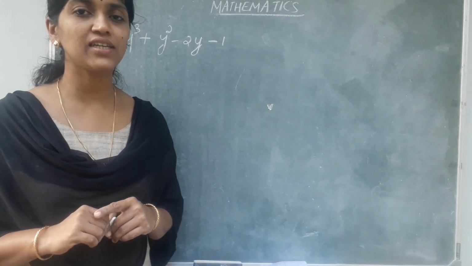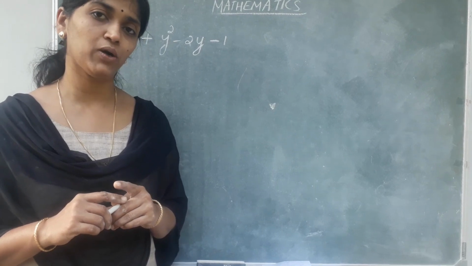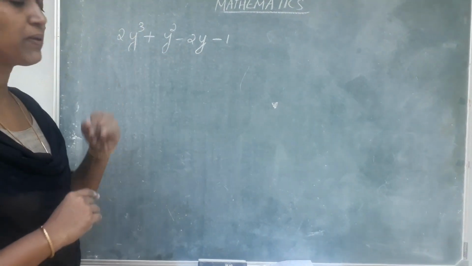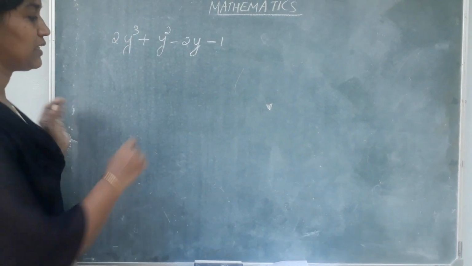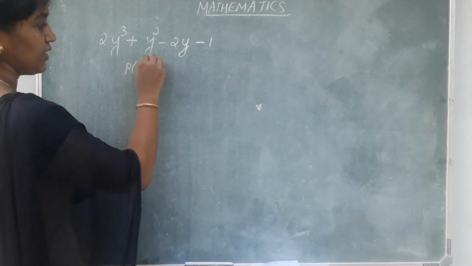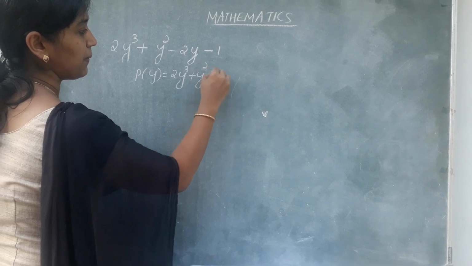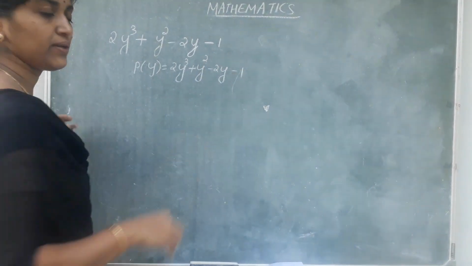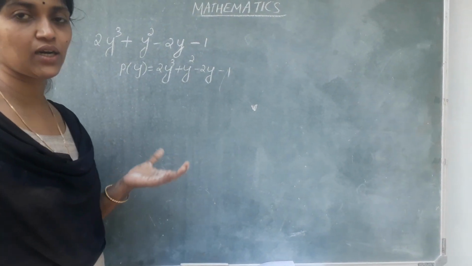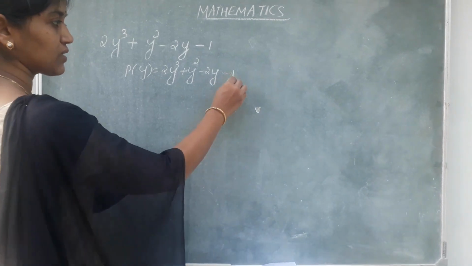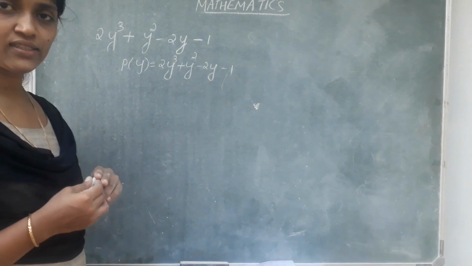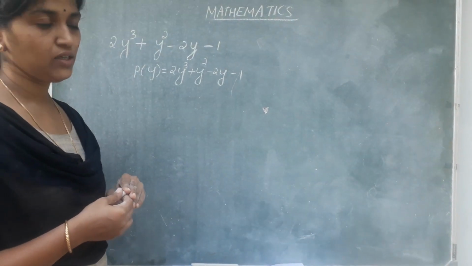Next, we will study the factorization of cubic polynomials. Here a cubic polynomial is given. We will take it as p of y is equal to 2y cube plus y square minus 2y minus 1. We have studied how to find the factors. We will take the constant and find the factors of the constant. Here it is 1.